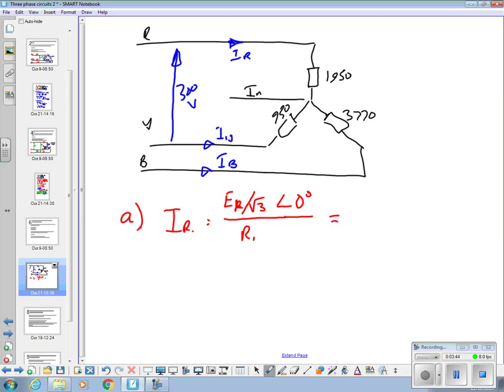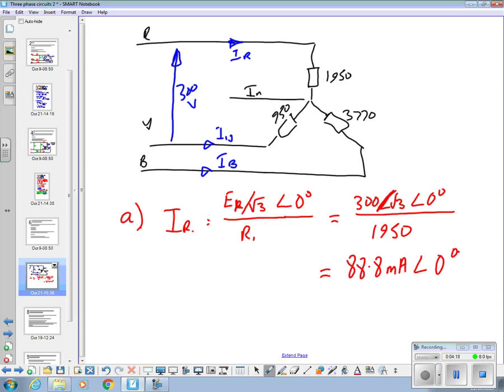What does that come out to? We all put the values in, didn't we? 300 over root 3, angle 0 degrees, over 1950, equals, yeah, exactly the same as before.